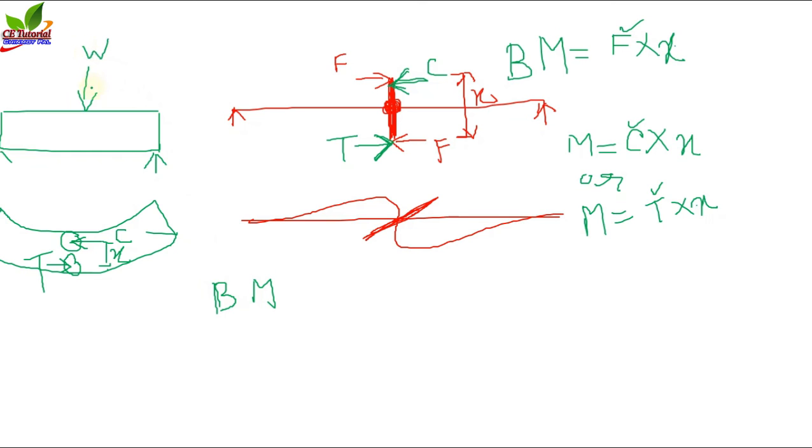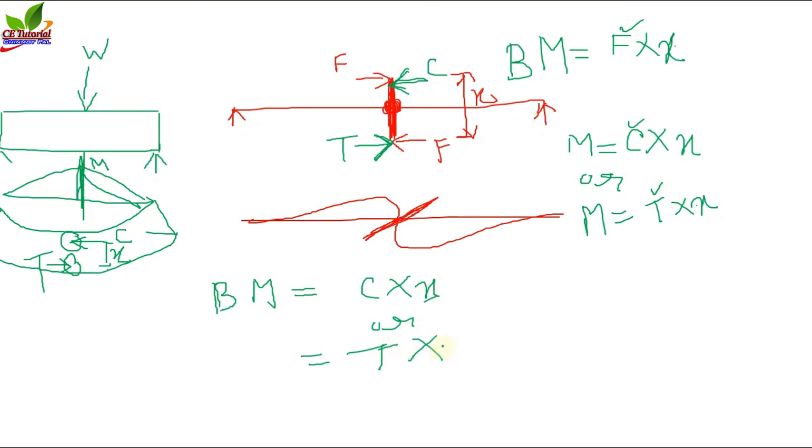We have applied a load W here, and you can see the bending moment diagram is a triangular one, and this value is the maximum bending moment M. So if this maximum bending moment is equal to the moment created by the material itself, that is C into X, or T into X, we can say that the beam is safe.